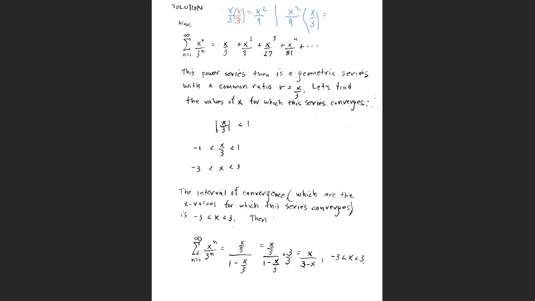Good, good, Tina. x cubed over 27. So it's clear that we're picking off the terms here. Sometimes I find that an easier way to determine the common ratio, right?